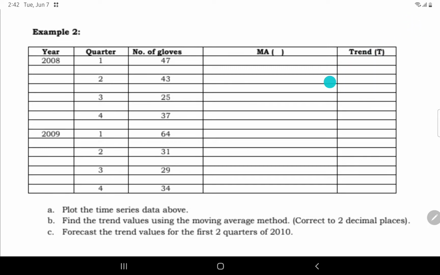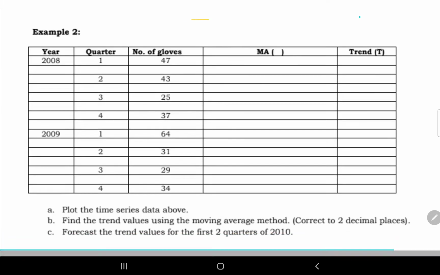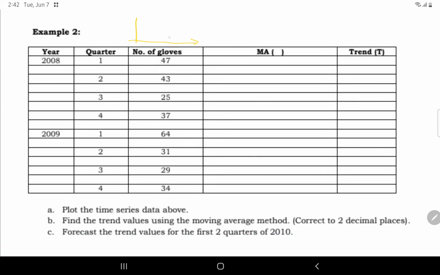Okay, question A, you need to plot the time series data. So, macam mana nak plot? You all buat graph. Year 2008 dekat sini, lepas tu ada quarter 1, quarter 2, quarter 3, quarter 4.